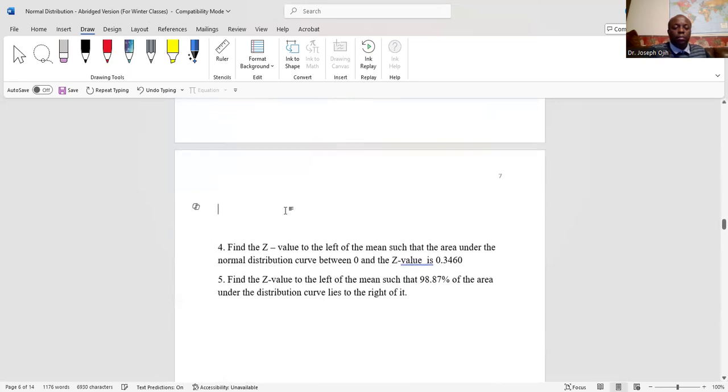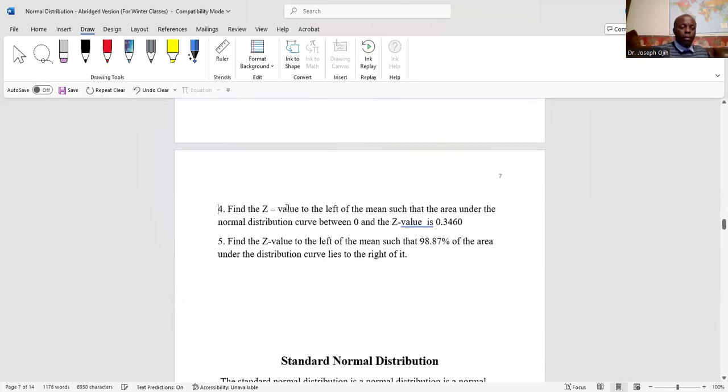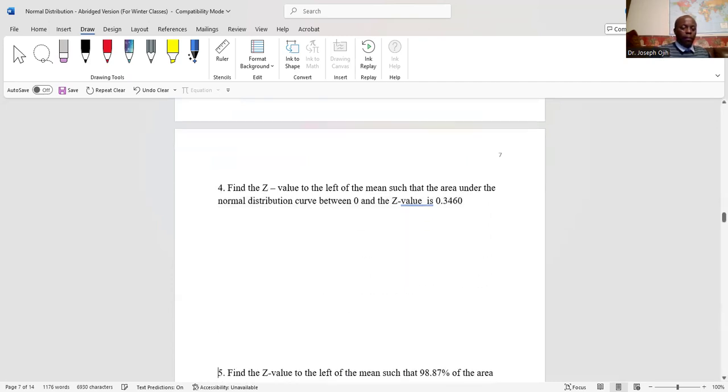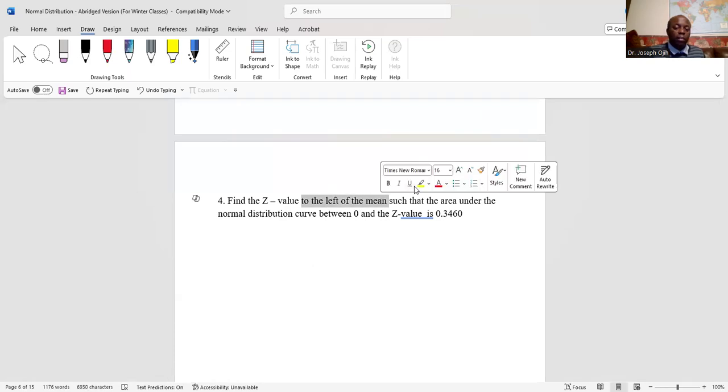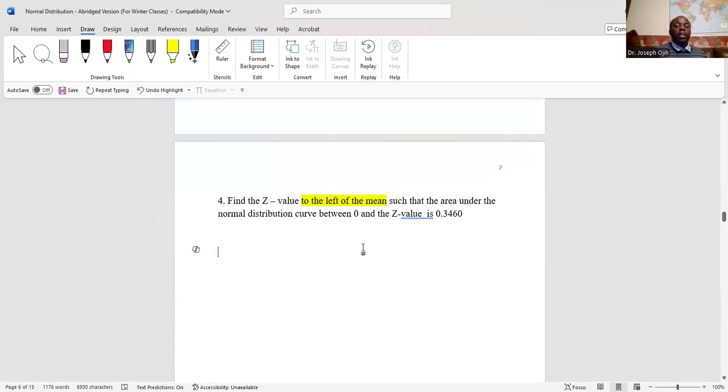It says find the z value to the left. See this one, they told you the direction: to the left of the mean, so that the area under the normal distribution curve between 0 and the z value is 0.3460.